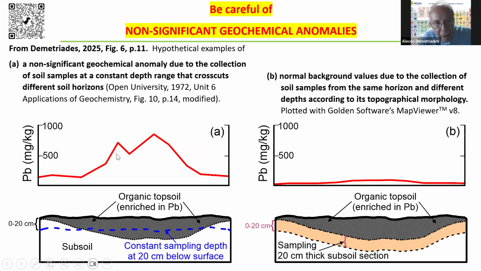Now, if you sample consistently the same soil horizon, okay, which means that you had to dig down to the soil horizon to avoid the organic topsoil layer, what you see here, there is no geochemical anomaly. So you have to be very careful of how you plan your sampling.